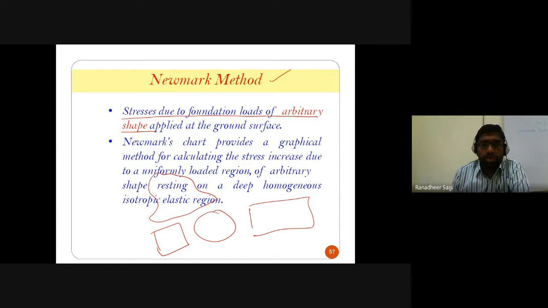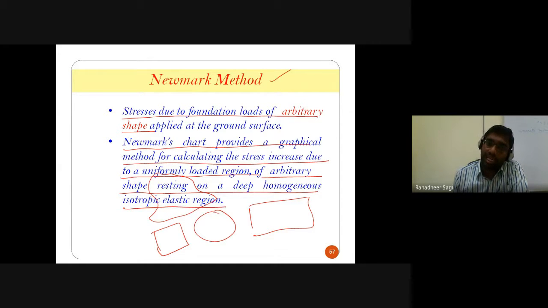Okay. So Newmark's chart provides a graphical method for calculating the stress increase due to a uniformly loaded region of arbitrary shape resting on a deep homogeneous isotropic elastic region. The soil in which that load is getting applied is a uniform soil, which is said to be homogeneous, isotropic, and within the elastic limit, we are trying to estimate that increment in stress in the ground.